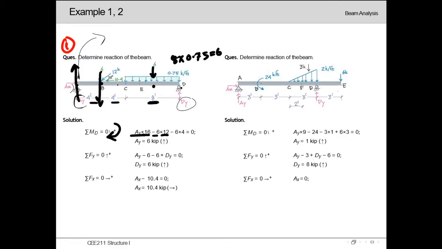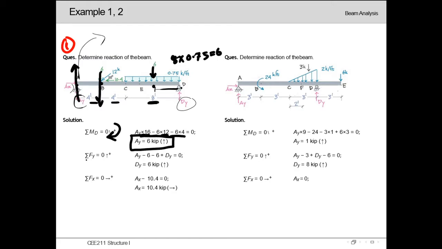And then 10.4 is acting along point D, so it will also not be giving any moment. And lastly the 6 kip is acting at a distance of 4 feet from point D, and it is also giving rotation in anti-clockwise direction, so it will be negative 6 times 4. And from here we can calculate the value of AY.